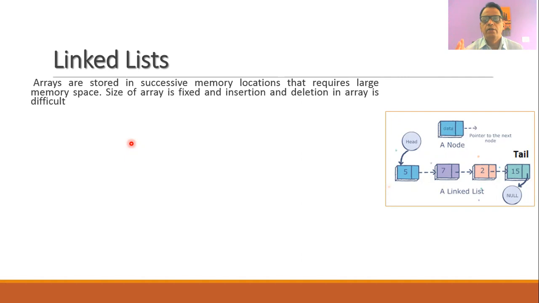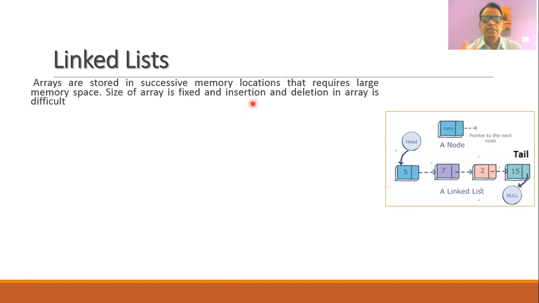Also, you will find that the size of the array is fixed, and it is not possible to increase the size of the array dynamically. In those applications where we are not sure about how many elements there are, the array can create a problem.